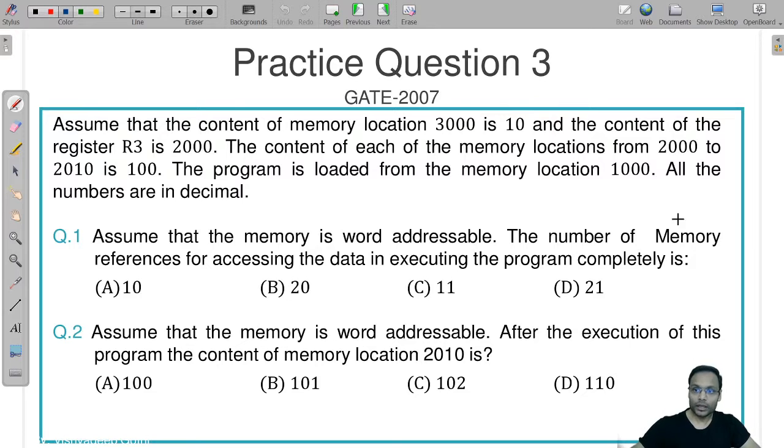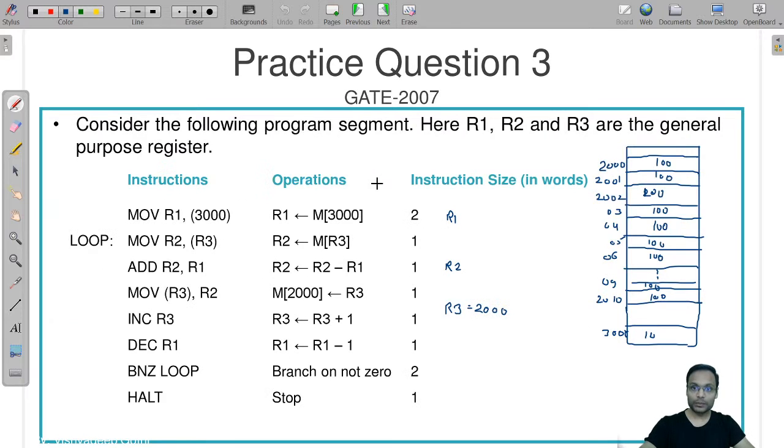Further, the program is loaded from memory location 1000, which means I need to extend this further up, and all these instructions are stored in memory from the 1000 location. So I'm writing all the instructions of the program starting from location 1000.